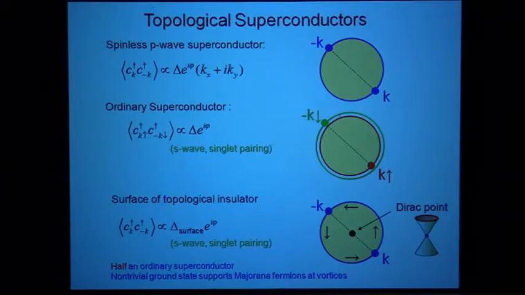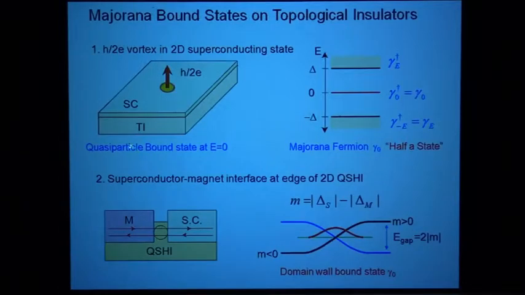And so this is like this. And in fact, it supports these Majorana zero modes at vortices. And so the idea then is that by using this surface of a topological insulator, if you have an h over 2e vortex, you have this Majorana zero mode bound at this vortex.